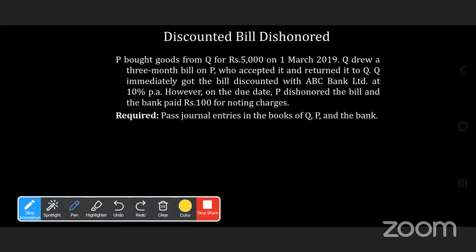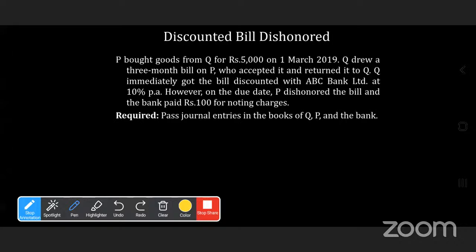On the same day, Q drew a 3-month bill on P, who accepted it and returned it to Q.